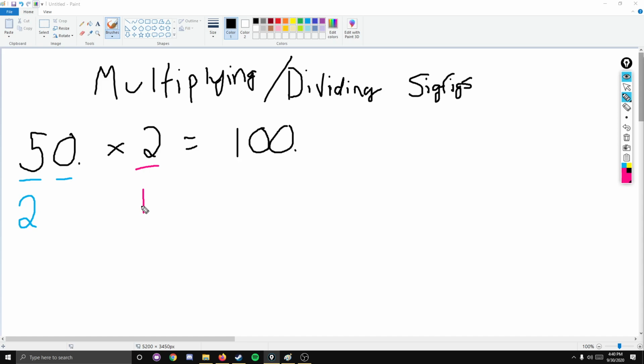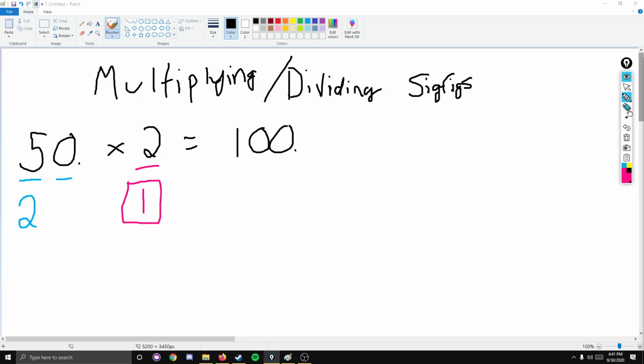For our answer when we're multiplying and dividing, it has to have the same amount of sigfigs as our smallest number. Alright. So here, our smallest number has 1 sigfig. So our answer has to have only 1 significant digit.